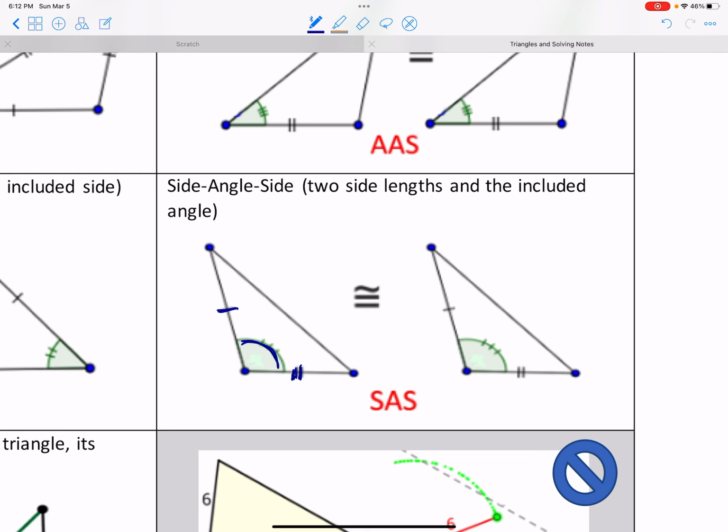So if we have the same thing in another triangle, we have the same side that we have here, we have the same side that we have here, and we have the included angle here, the same in both, then even though we only know those 3 components, the others are guaranteed. So this side is guaranteed to be the same length as this side, this angle is guaranteed to be the same measure as this angle, and this angle is guaranteed to be the same measure as this angle. So knowing just a side and an angle and a side guarantees the remaining components of the triangle.